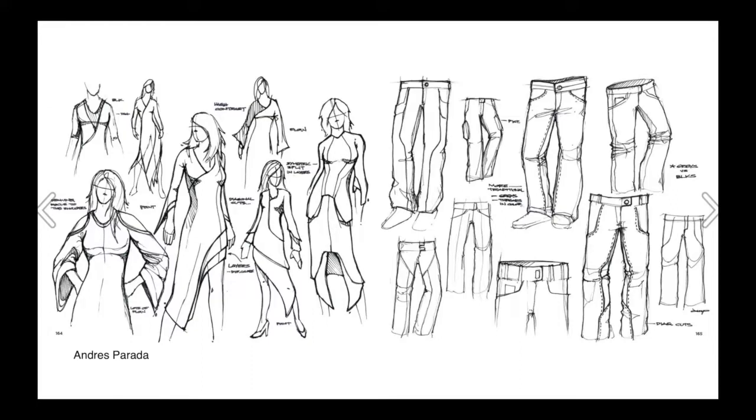More examples from Andres getting into fashion. This is really interesting for us because we as environmental designers do like to draw scale figures to occupy our design drawings in the future.